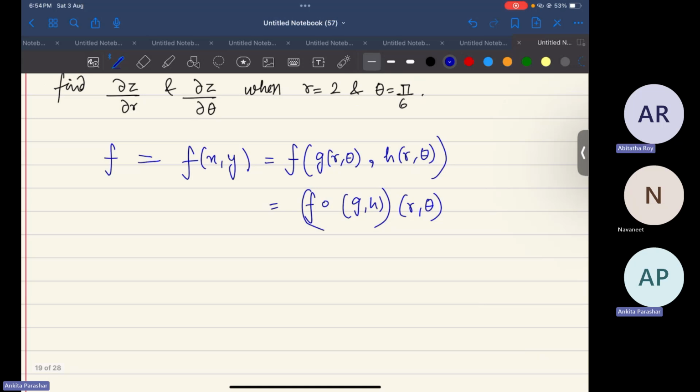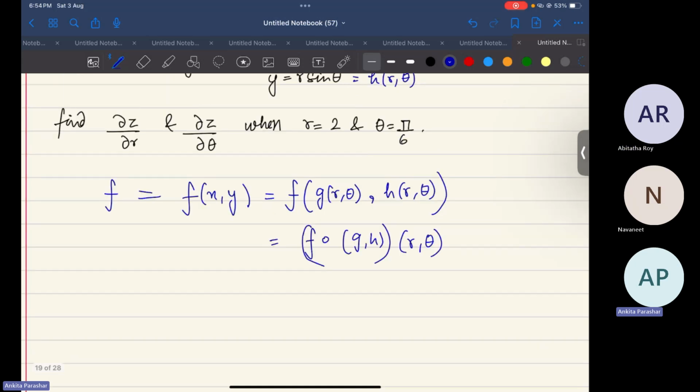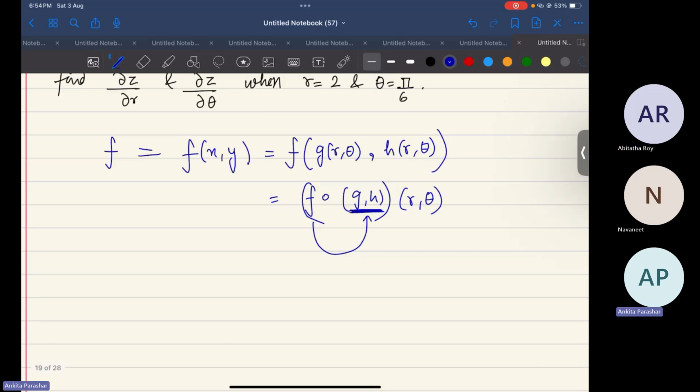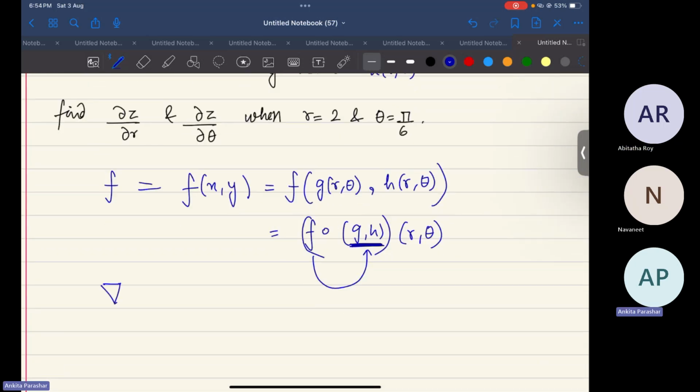Now, how many components does f have, applied to a function which has two functions g and h further? If I write del f, the gradient of f, it has del f by del g and del f by del h.